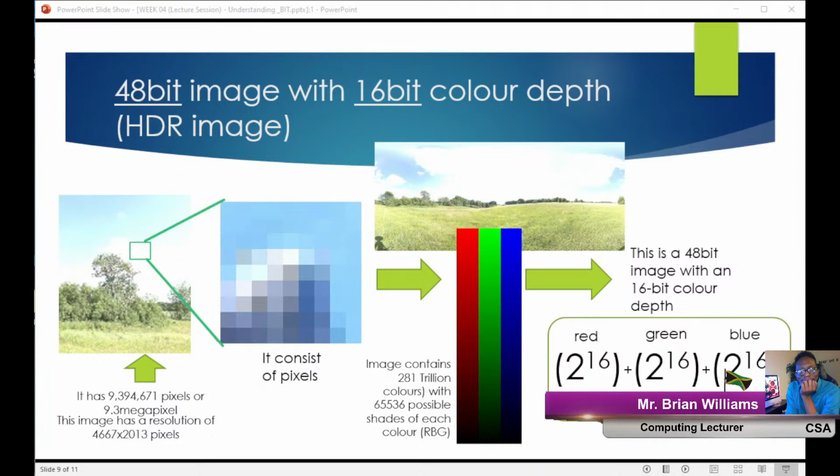Repeat that for me. That can produce a 16. Hold on. Let me take it one layer at a time. That can produce a 16-bit color depth image. What is that telling us about the colors?